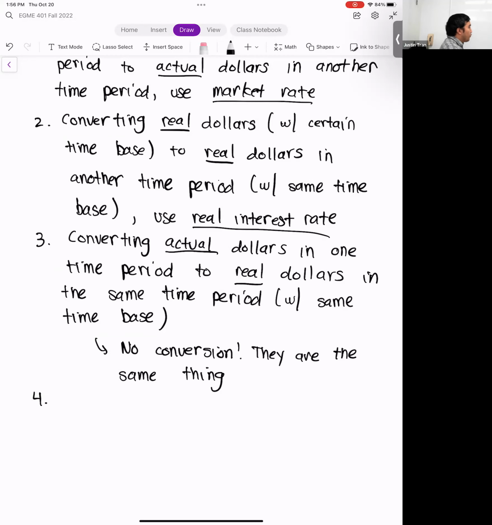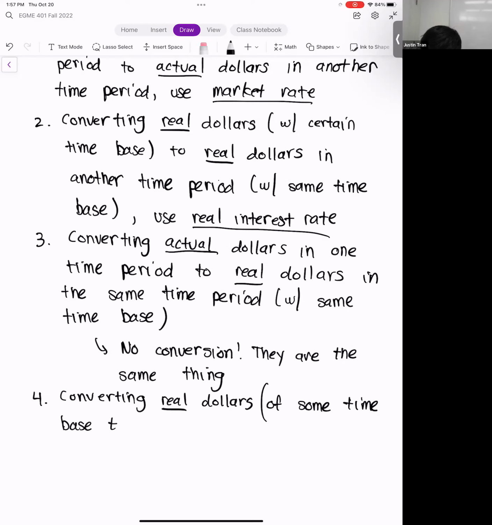All right, and then finally, rule 4, which I think is the most confusing one. And so when you're converting real dollars of some time base t, okay? And so the real dollars may be based at some other point in time, okay?